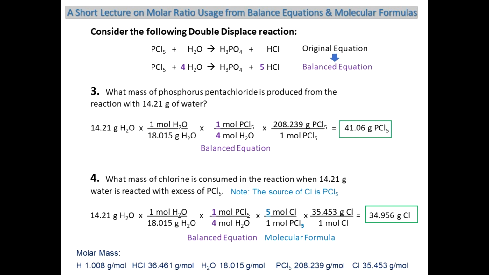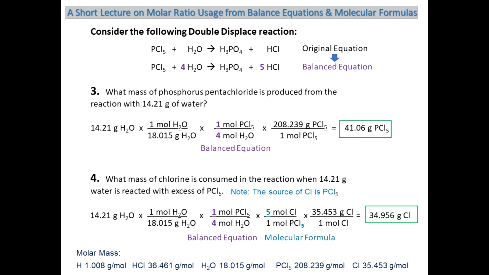We see 1 mole of phosphorus pentachloride in the equation and 4 moles of water. We continue with mole phosphorus pentachloride on the bottom to gram, which is the molar mass, gram per mole, and we get 14.06 gram phosphorus pentachloride, which has 4 significant figures to match the given significant figures.